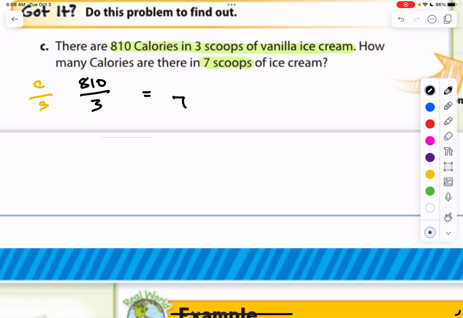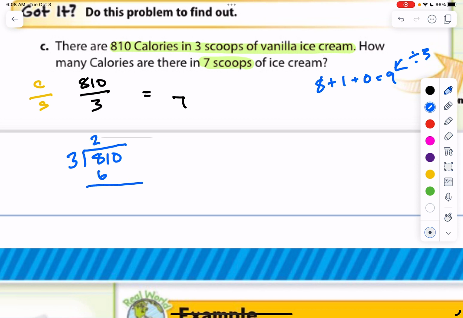do you remember this trick? If you add up the digits in a number, so that'd be 8 plus 1 plus 0, which equals 9, and if the sum is divisible by 3, then the number is. So that means 810 is divisible by 3. Let's try it. 3 into 810. 3 goes into 8 twice.